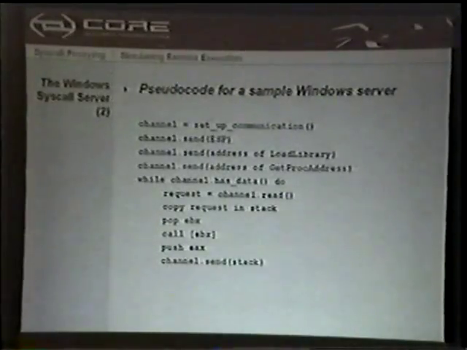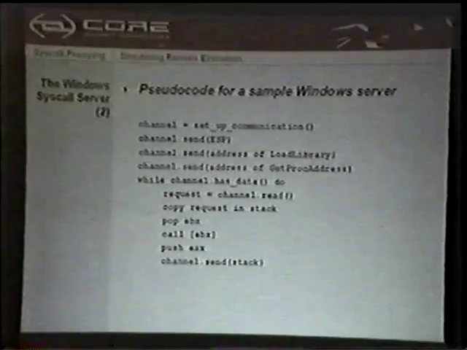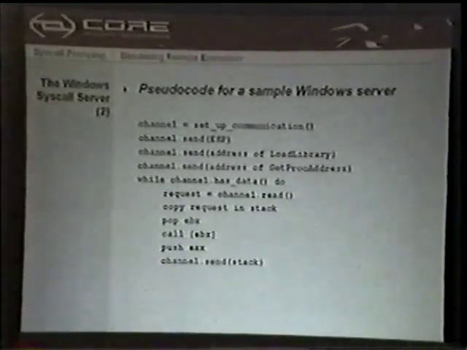So this is how the pseudocode for the Windows server will look. Again, it will set up a communication. It will send back ESP. Two new things happen. It will send back the address of LoadLibrary and the address of GetProcAddress. And then it will simply loop into a request reading loop in which it will just push the whole request into the stack like before.